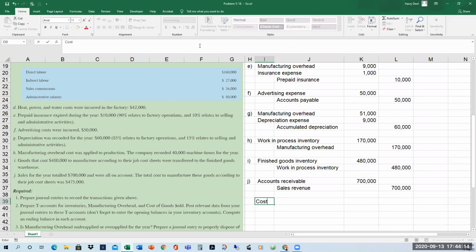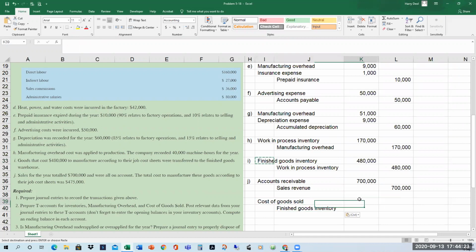So debit cost of goods sold and credit finished goods inventory, $475,000. So these would have been the journal entries to record the transactions.